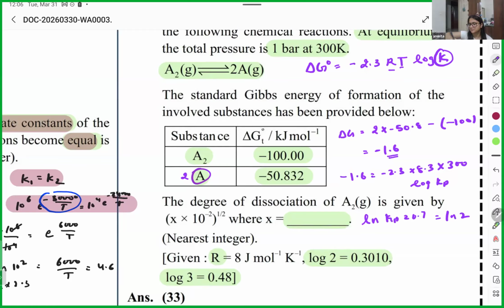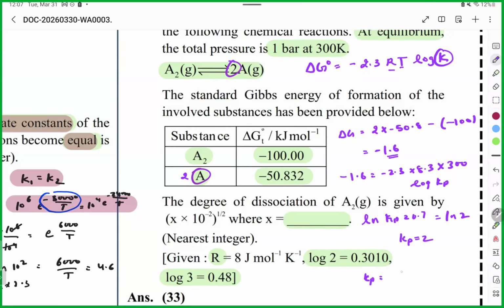Yes. So it means Kp value will be 2. Yes, Kp value becomes 2. And if Kp value is 2 and you have two products, not one, so you will take square. Square, yeah. 2 square, 4.